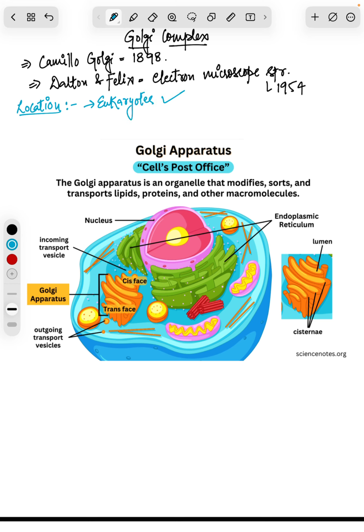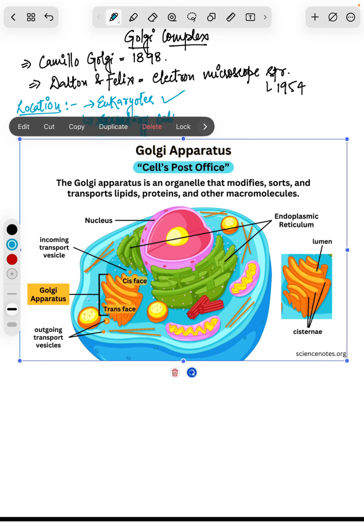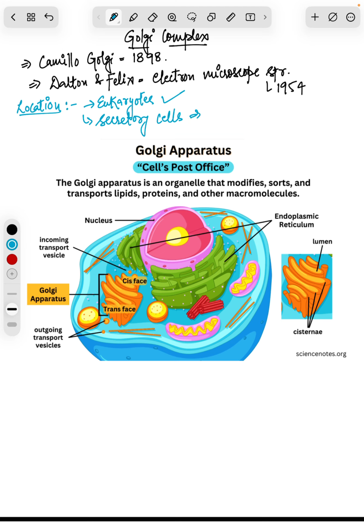The Golgi apparatus is especially extensive in the secretory cells because the primary function of the Golgi apparatus is synthesis, so the majority of it is found in secretory cells.